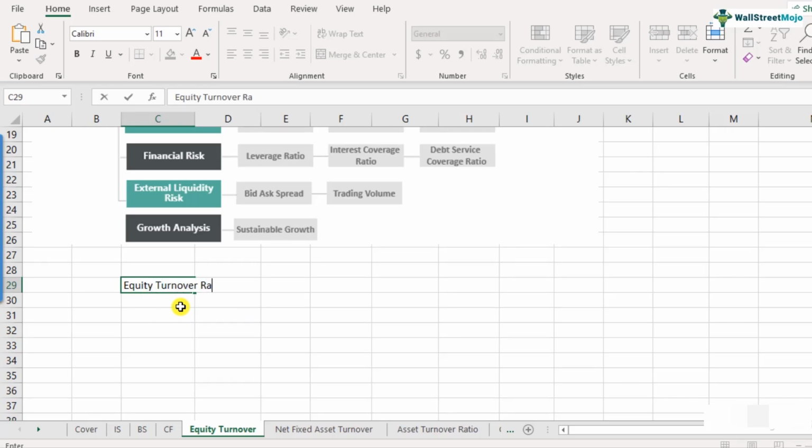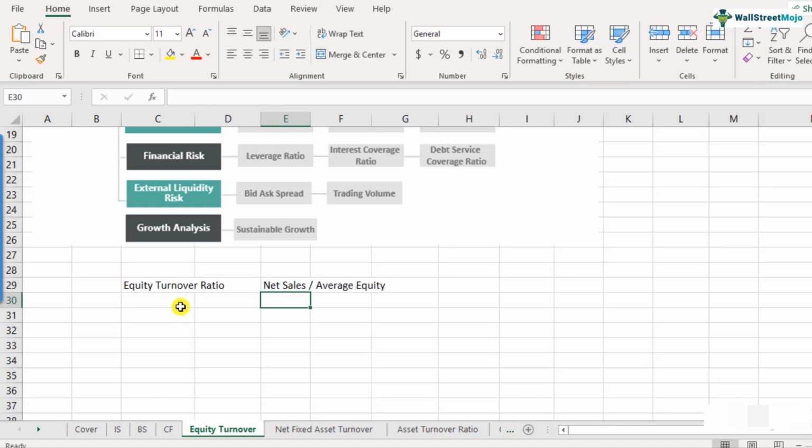Equity turnover ratio is basically net sales divided by your average equity. All right. So again, net sales is different from gross sales or any other type of sales given on the income statement.